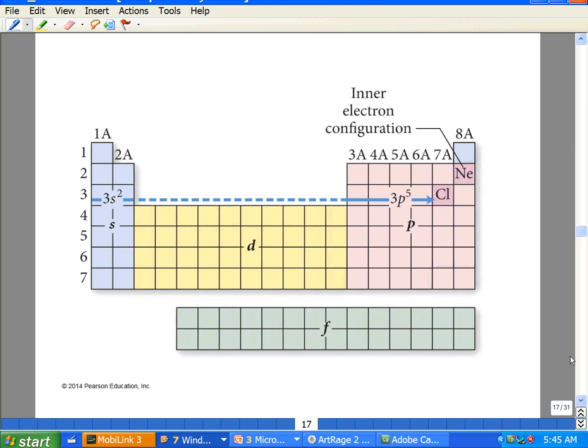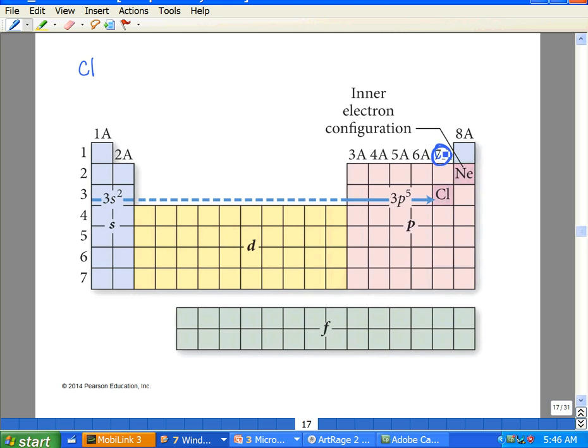We can find its electron configuration. First, let's find its valence electrons. How many valence electrons do we have? And those are in energy level what? 3. So there's 7 valence electrons in energy level 3.